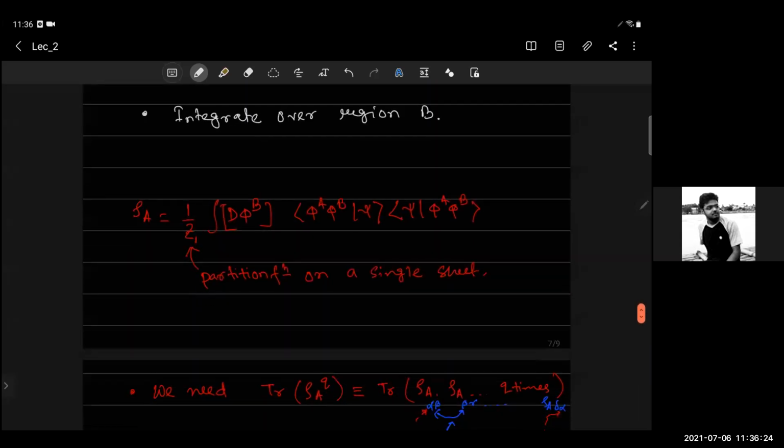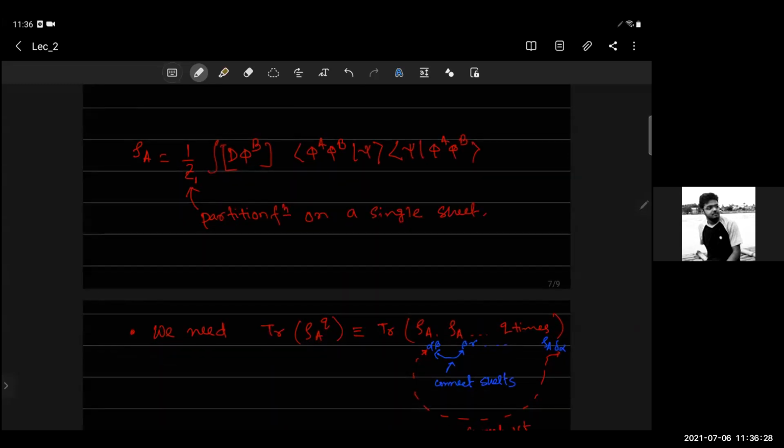Now you obtain the reduced density matrix by integrating out the phi B region. And since we are on a single sheet right now, Z represents the partition function on a single sheet, the 2D plane we have.